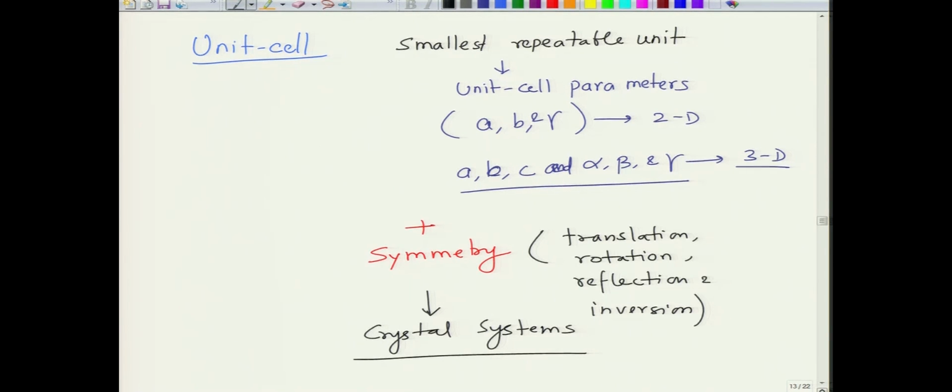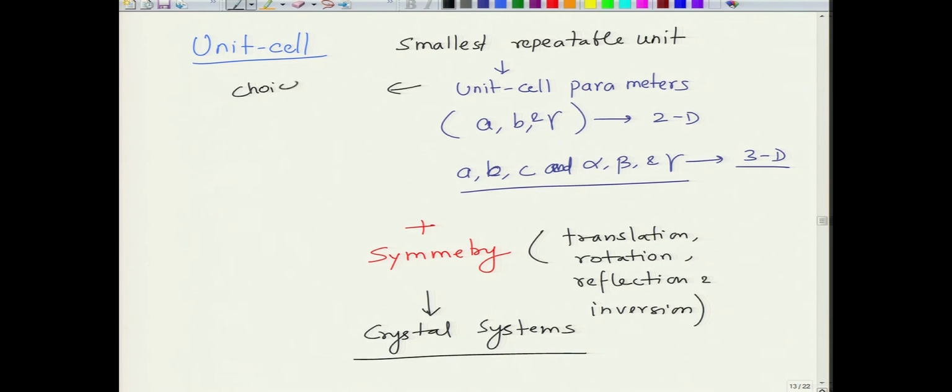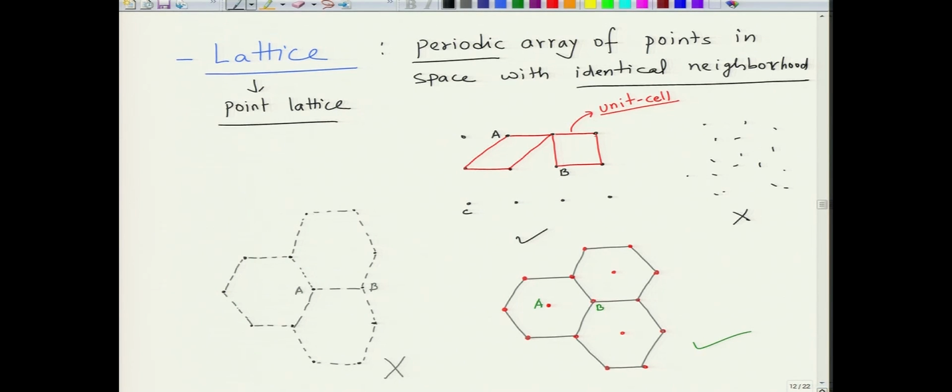As I said, the choice of unit cell is not unique. You can see from this picture that this contains one lattice point, because all four corners have points which are shared by neighboring unit cells. As a result, we have one point in the unit cell. Similarly, in the neighboring one, we again have one point in the unit cell.